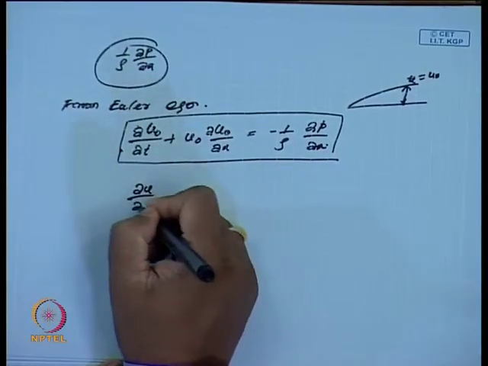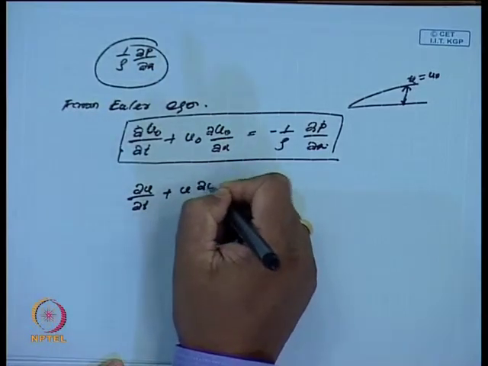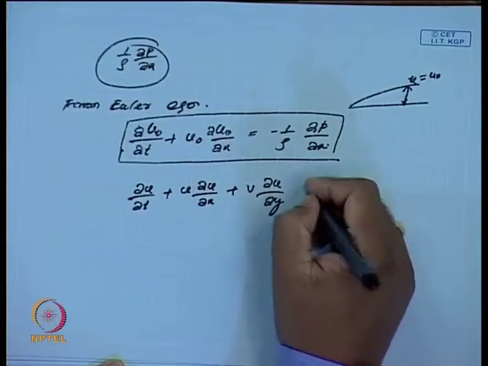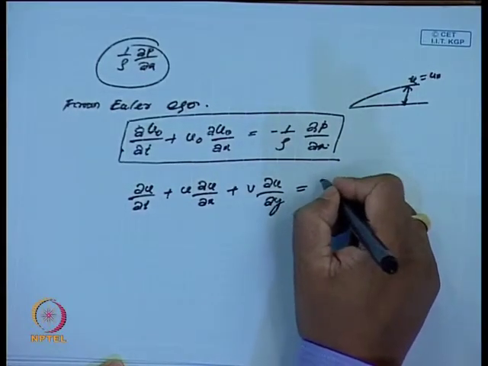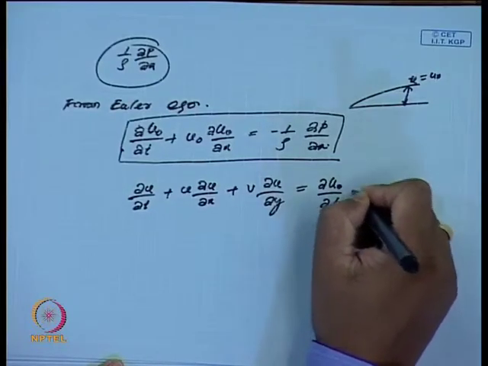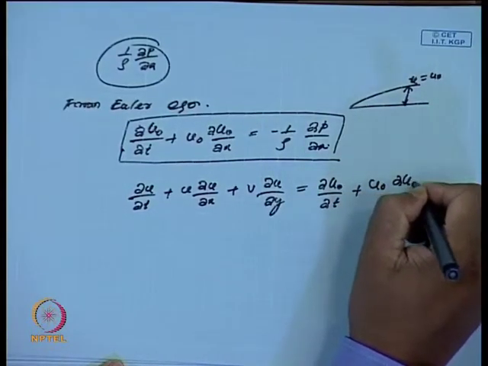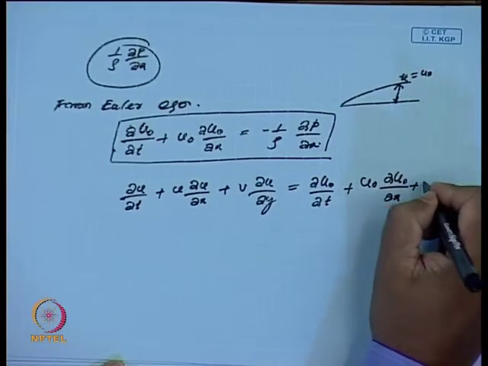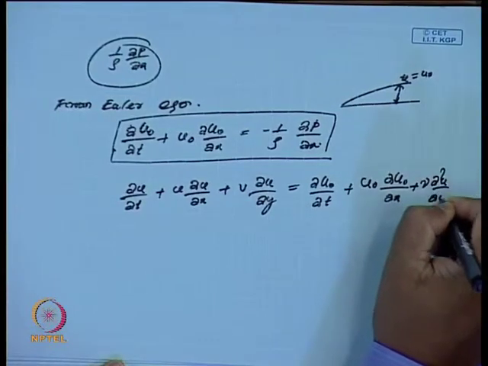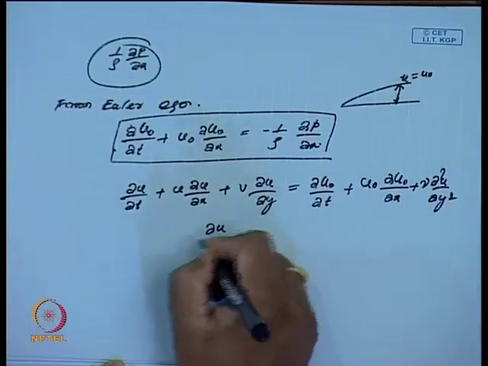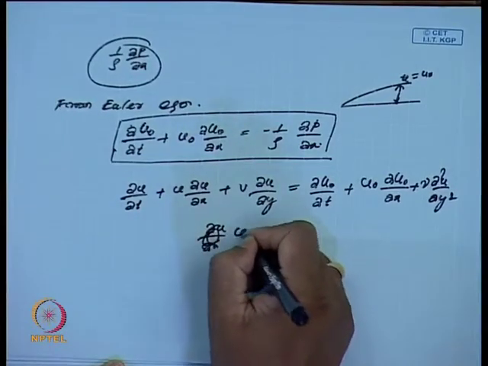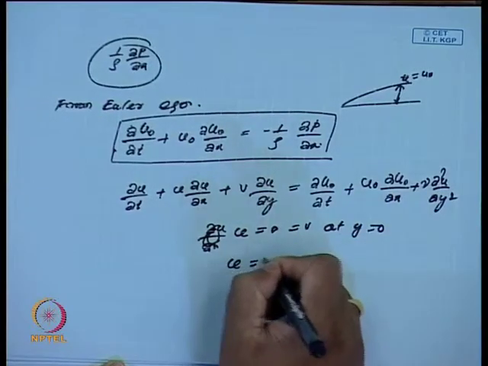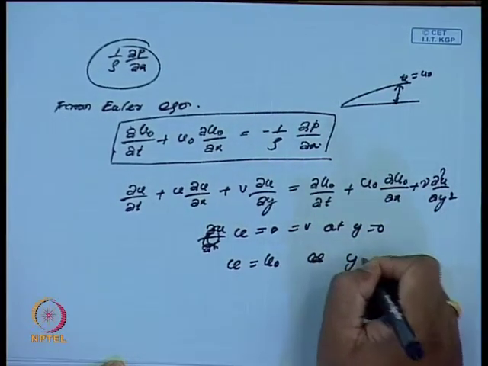I will get del u by del t plus u del u by del x plus v del u by del y is equal to del u naught by del t plus u naught del u naught by del x, plus nu del square u by del y square, and we have u is equal to 0 at y is equal to 0, and u is equal to u naught as y tends to infinity.